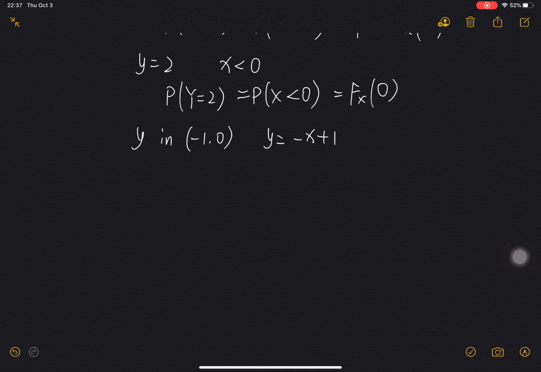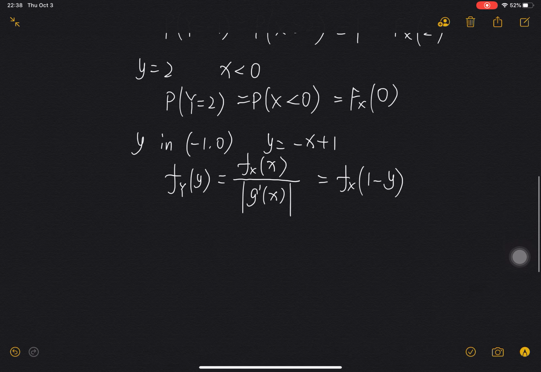So we know that the relationship between the probability density function of y and the probability density function of x should be like this. Right, this is the derivative of g(x).